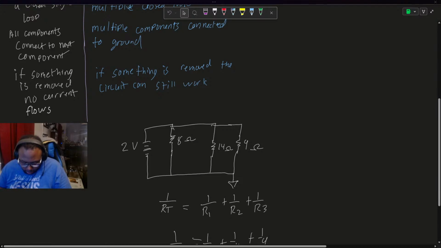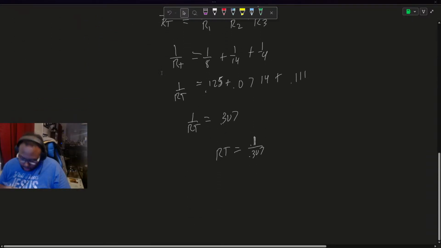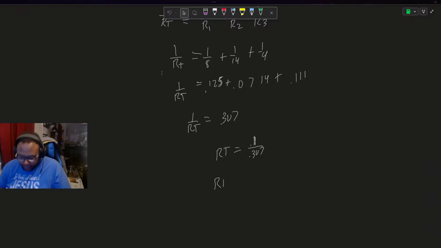So RT is 1 divided by 0.307, which gives you the total resistance in the circuit. I gotta remember to scroll down. The total resistance in the circuit is 3.257 ohms.